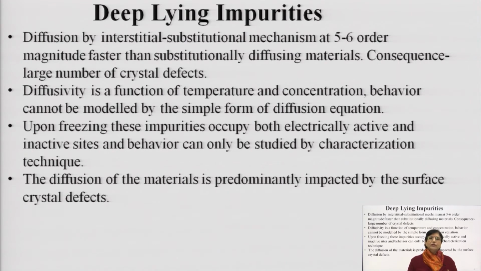Diffusivity is also a function of temperature and concentration. Please understand, whenever diffusion happens by the interstitial and substitutional mechanism, 5 to 6 orders of magnitude faster than normal substitutional diffusion, if there is enhanced diffusion, there is a tendency to form crystal defects.